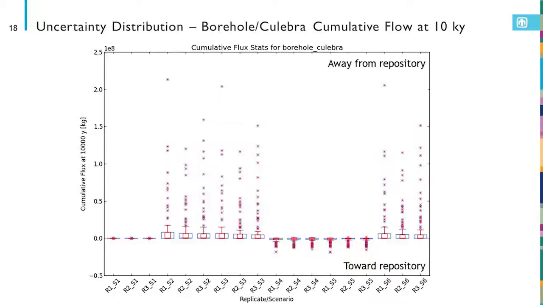Scenario 2 is right here. Scenario 3. Here's scenario 4 and 5, in which most of the borehole fluxes are downward toward the repository. And here's scenario 6. And again, what you should get from this plot is that the 25th, 75th percentiles fall right on top of each other, as do all of the outliers.